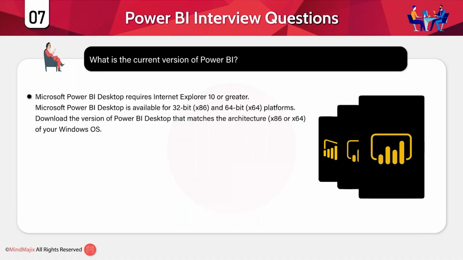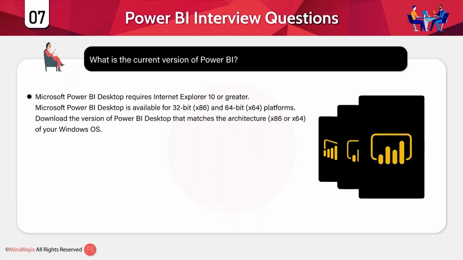All right, let's switch to the 7th question, which is: what is the current version of Power BI? This could typically be asked if you are sitting in front of a technical person, because they should have the confidence that you have that technical knowledge. As you see on the screen, Power BI Desktop is available for 32-bit and 64-bit platforms.